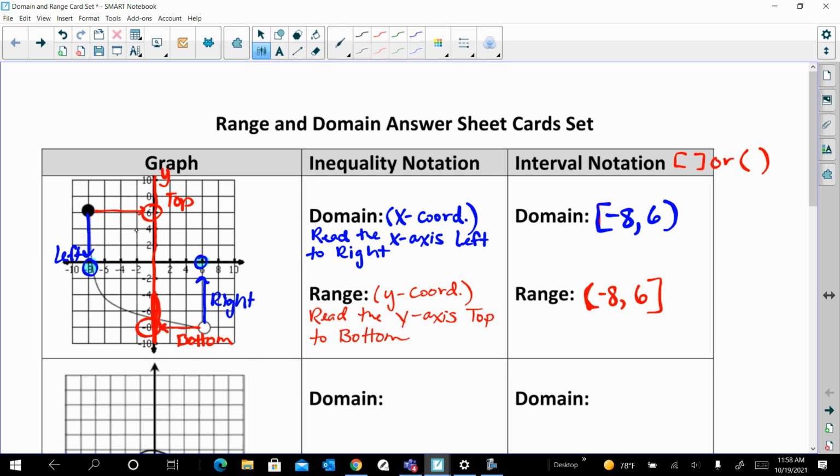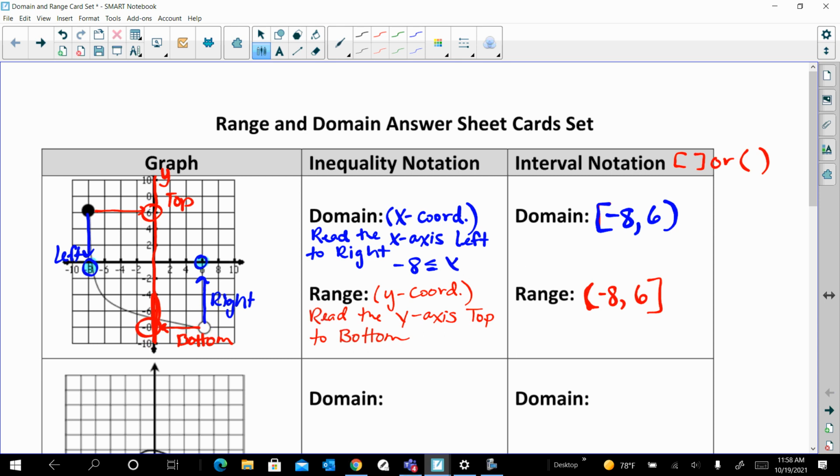All right, so to write this as an inequality, it's always going to be in this format. You're going to start with the smallest number, which is -8. Then because it's the bracket, it's going to be less than or equal to. If it's a bracket, you have to have the line underneath the inequality.